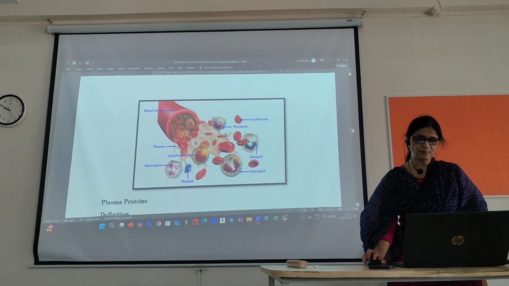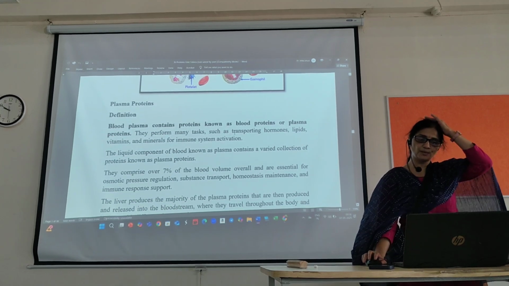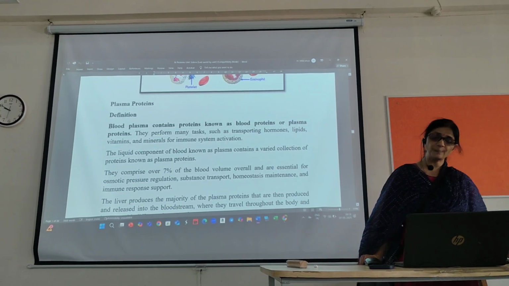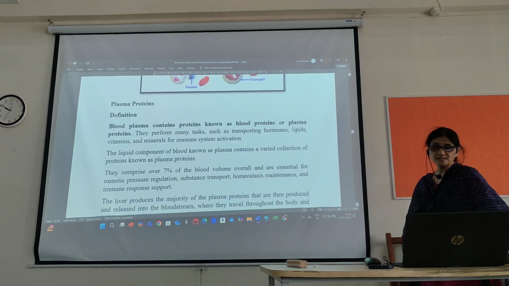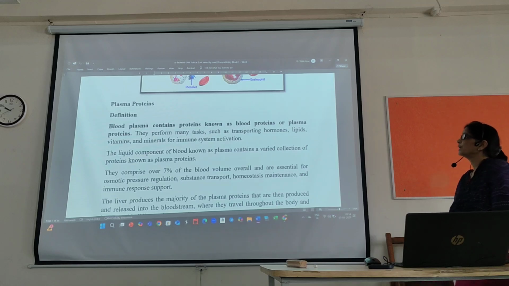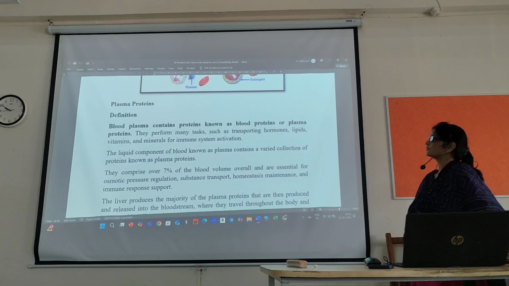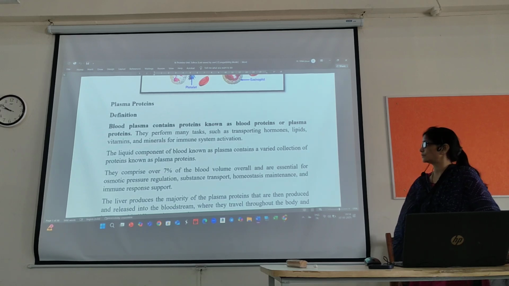So let's come to the plasma protein. What is the plasma protein? Blood plasma contains proteins known as blood proteins or plasma proteins. They perform many tasks such as transporting hormones, lipids, vitamins and minerals, and immune system activation.